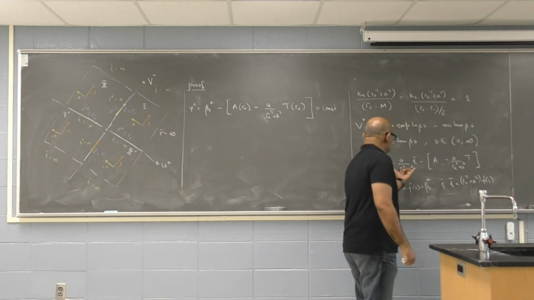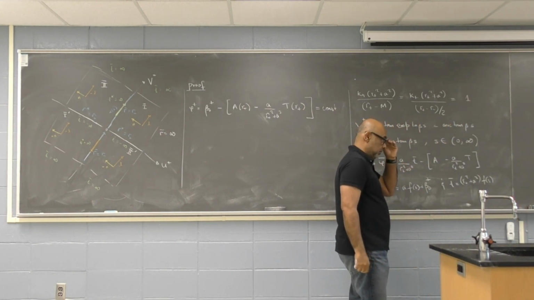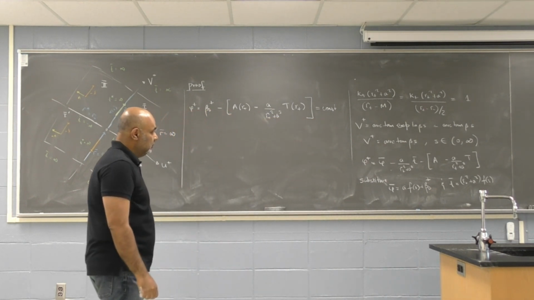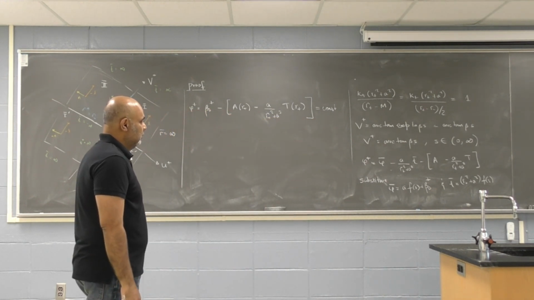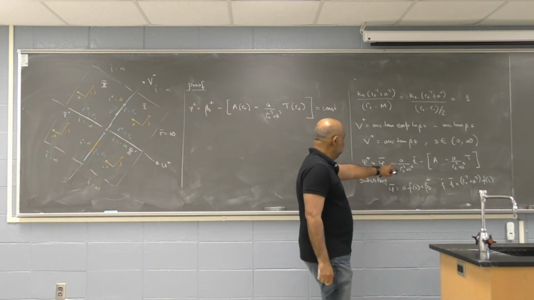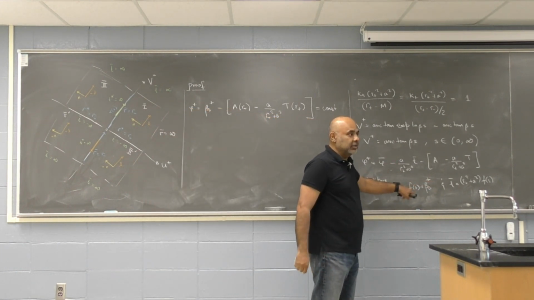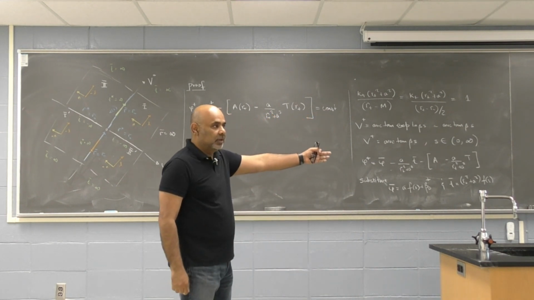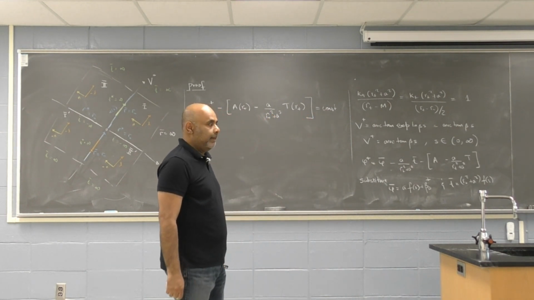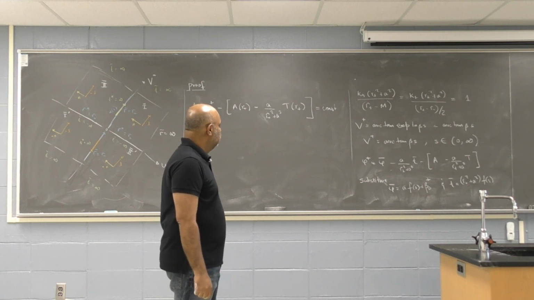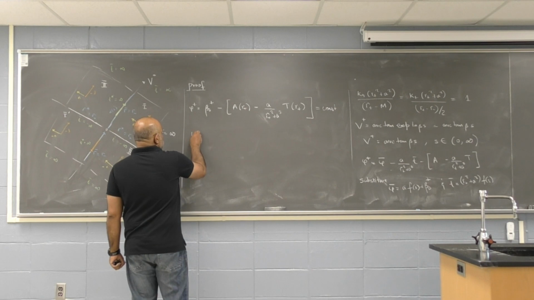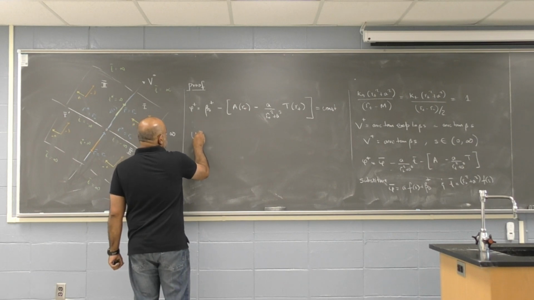You have to substitute these two in. I mean, it's simple enough. These two cancel the functional dependence. One is plus, one is minus. And therefore, u plus equals 0.